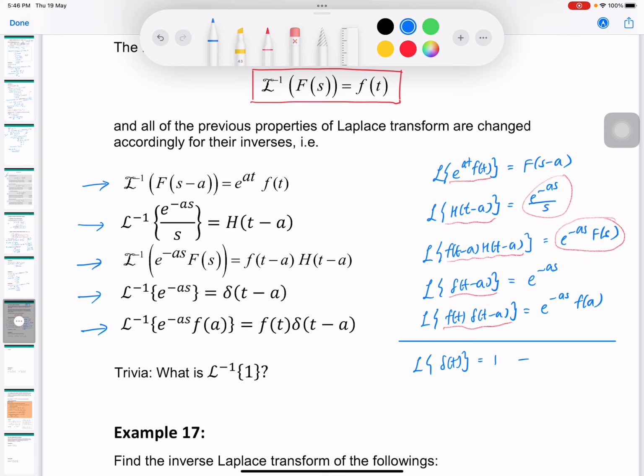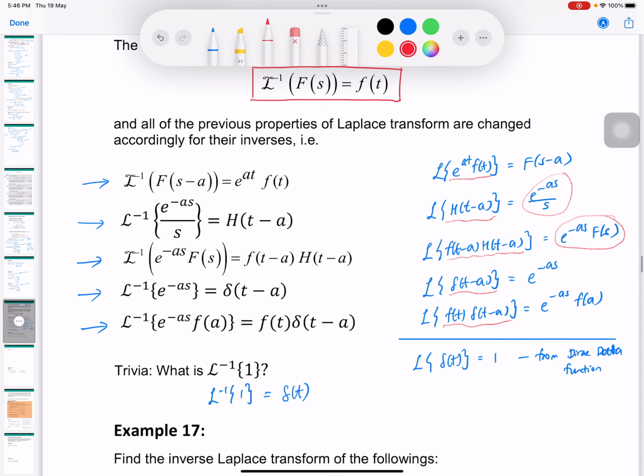This is from your Dirac delta function. So that means inverse Laplace of 1 equals, answer will be delta(t), provided you know Laplace transform of delta(t) equals to 1. Okay, so that is why it's called a trivia here.